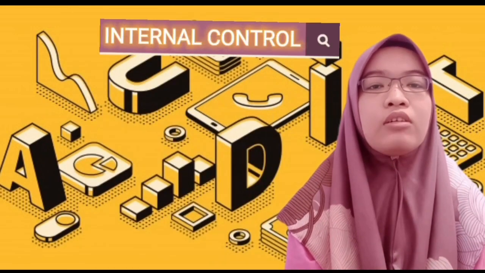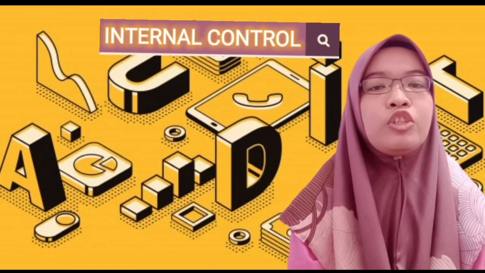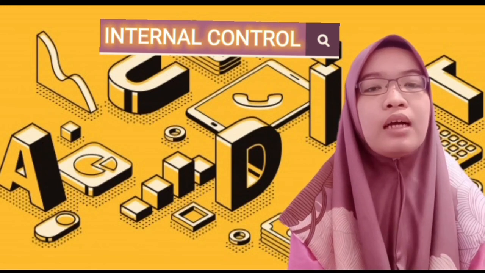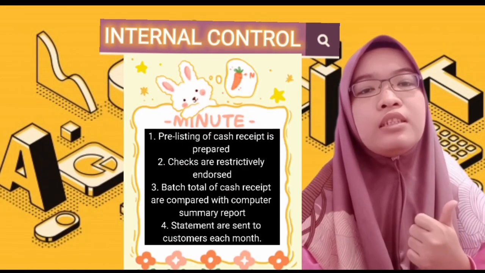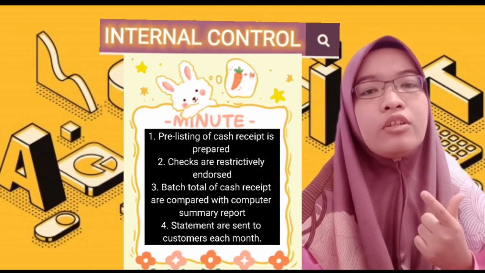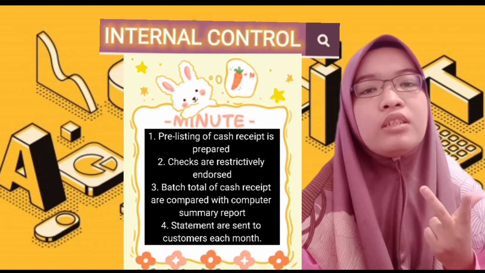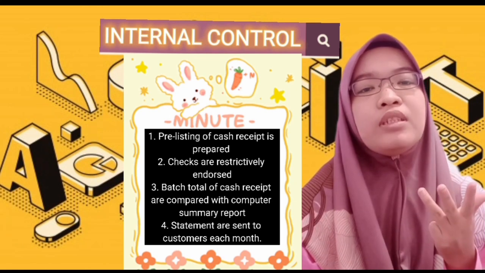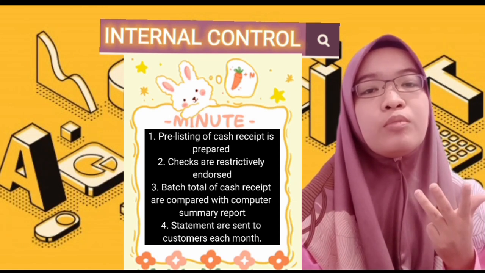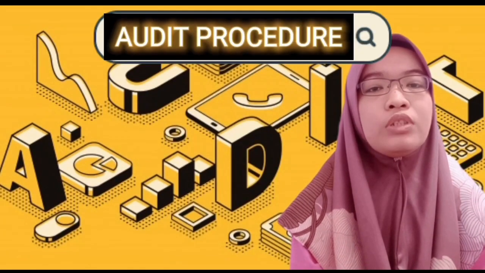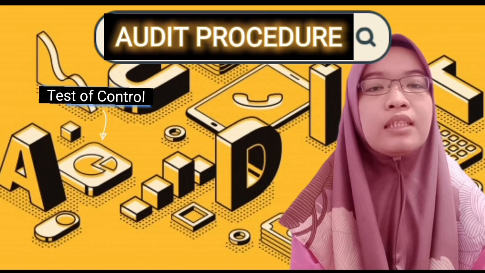For internal control, what management should have done to make sure that cash receipts are recorded are: pre-listing of cash receipts is prepared, checks are restrictively endorsed, batch totals of cash receipts are compared with computer summary reports, and statements are sent to customers monthly. Audit procedures are divided into two: test of control and substantive test.